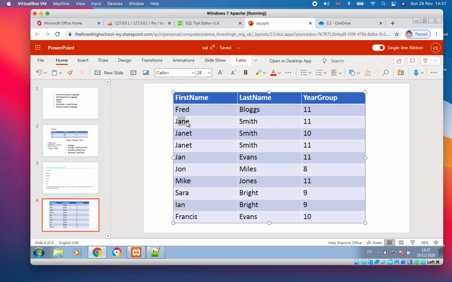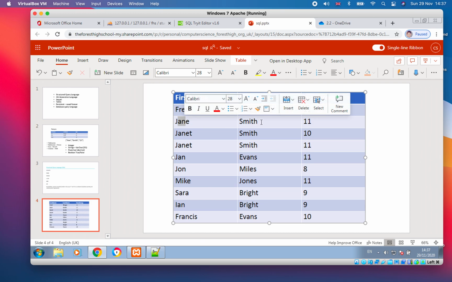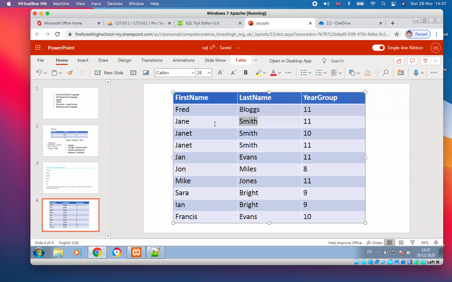That is true. So I'm expecting to see Jane Smith in my results because either one of these needs to be true, not both. And again, that one will be in my results because that one is true, that one isn't. That one is true, that one isn't. That one is true, that one isn't. So I'm expecting to see all of those in my results.